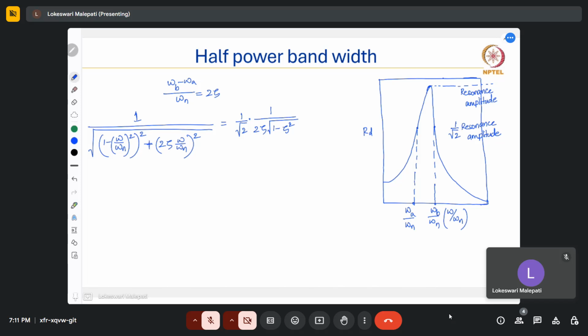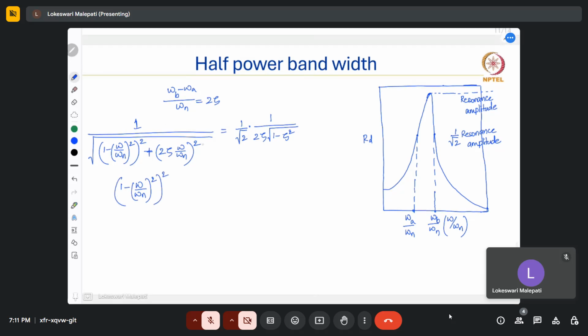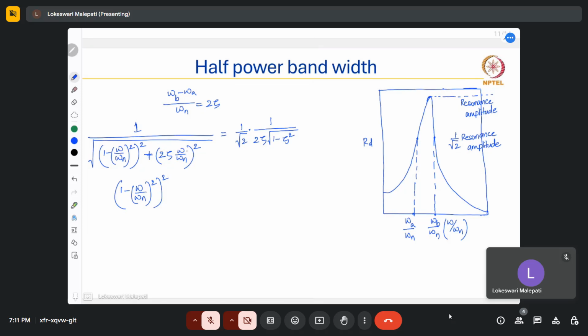Okay. Now we can just do the inversion and then squaring on both sides. Then we will get omega n the whole square. Please try to derive this along with me. Plus 2 zeta omega by omega n the whole square is equal to 2, 4 zeta square, 1 minus zeta square.